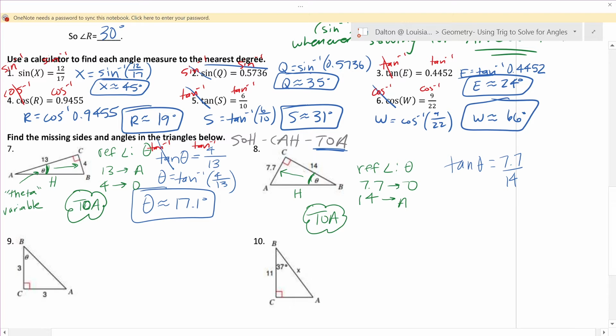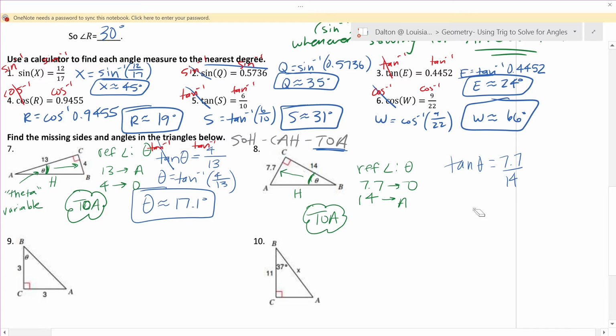And I try to solve for theta. Let's pretend you just go ahead and start to cross multiply, like what we've been doing. Then you get the tangent of theta times 14 equals 7.7. And that literally doesn't get you anywhere because you're trying to get theta by itself. So then you actually end up backtracking.